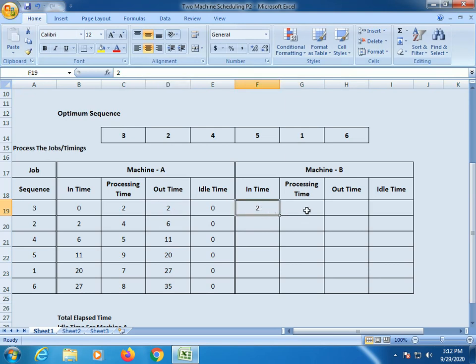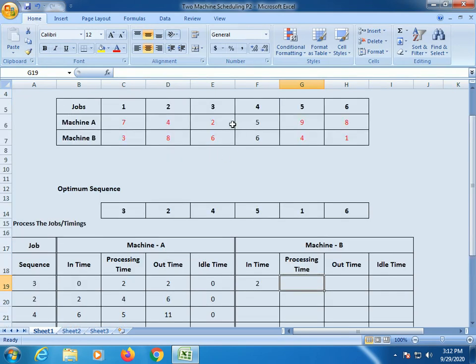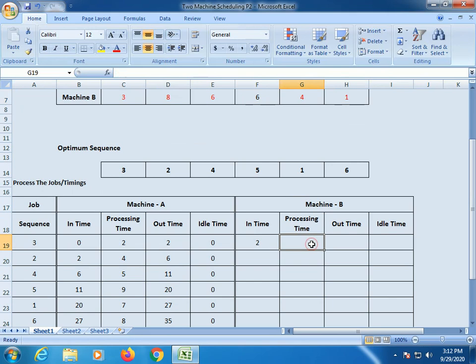Then what is the processing time? The machine B job 3 processing time is 6 hours. Performing job 3 on machine B takes 6 hours. Then what about the out time?